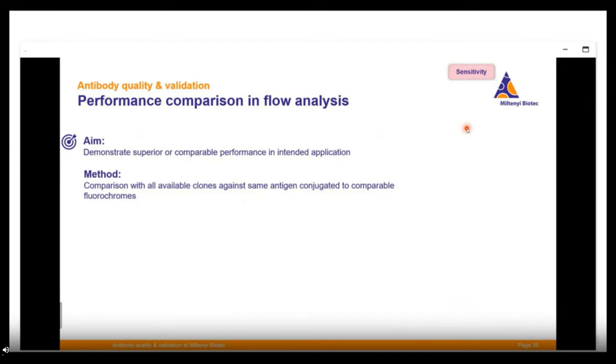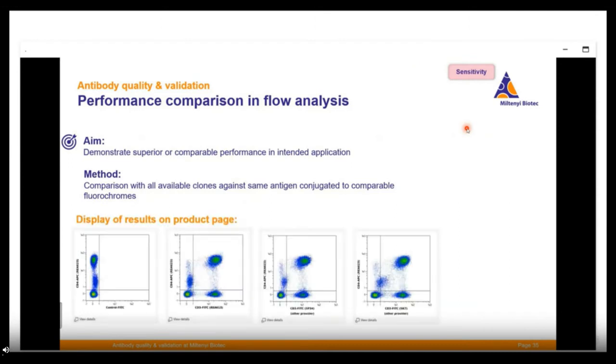Basically we follow a method of simple comparison of available clones on the market and show how our Re-Affinity clone is performing compared to the other clones in a compatible fluorochrome conjugate. This kind of data set will allow you to perform less validation from your end, as well as give you confidence about the antibody quality. And such data you can also access on our product page.